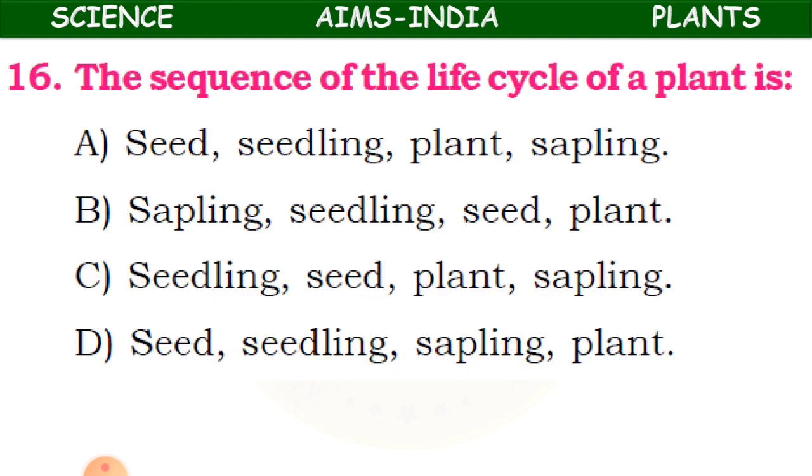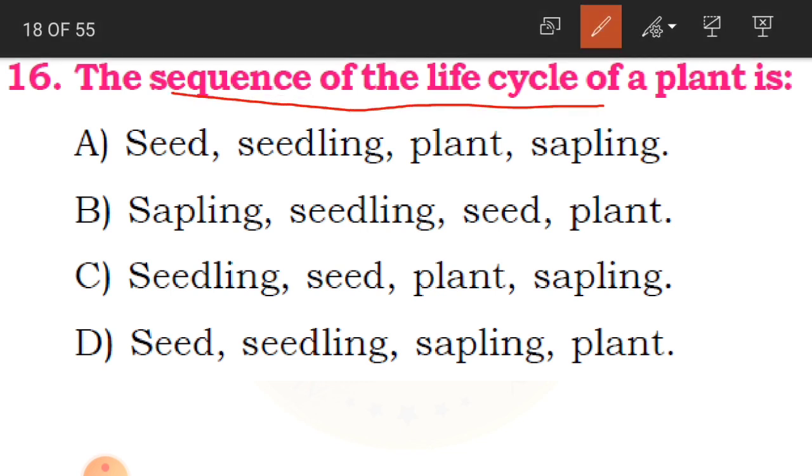Now to the 16th question. The sequence of the life cycle of a plant is. We have to identify the order, like first which stage, next which stage, and how it is named.